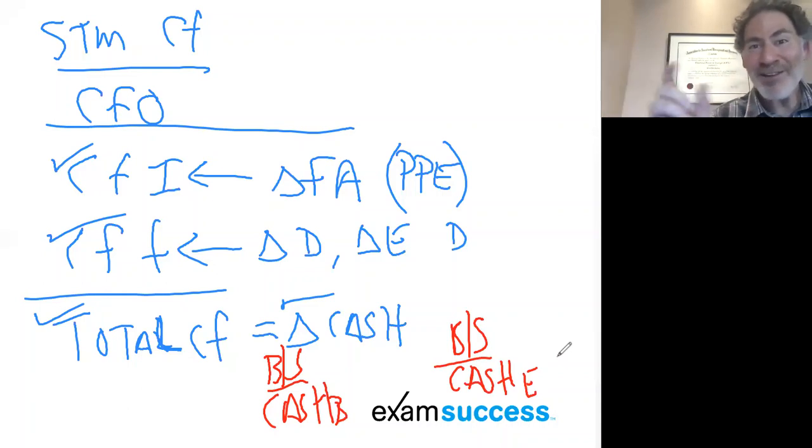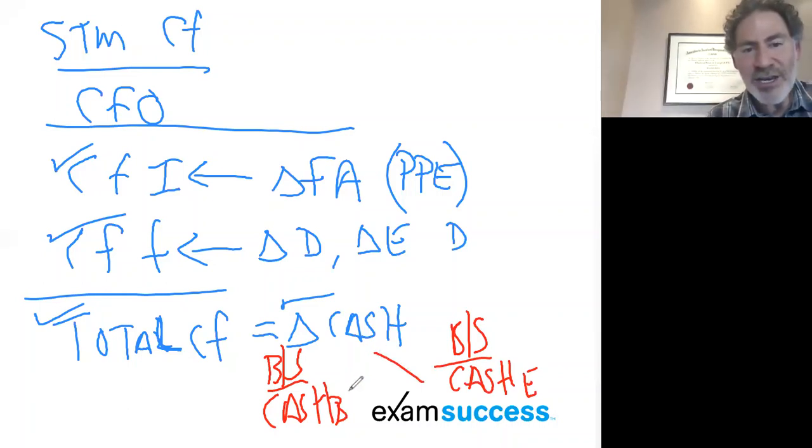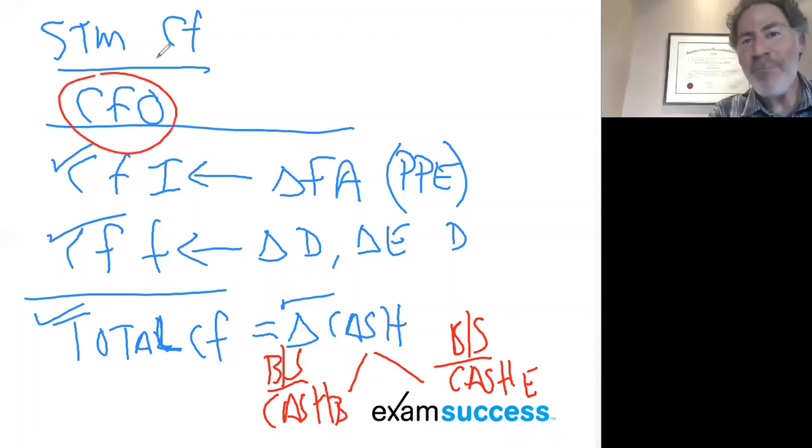If they gave us the balance sheet information, I could calculate the change in cash. If they gave you those, then you could just find cash flow from operations by subtraction. Don't be the hero going through step by step. Just take the easy way. Remember, it's just multiple choice.